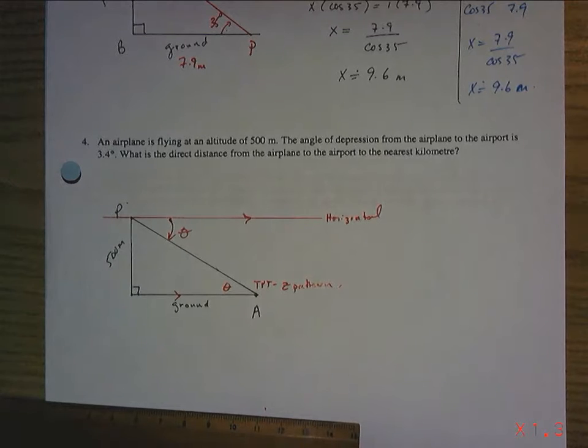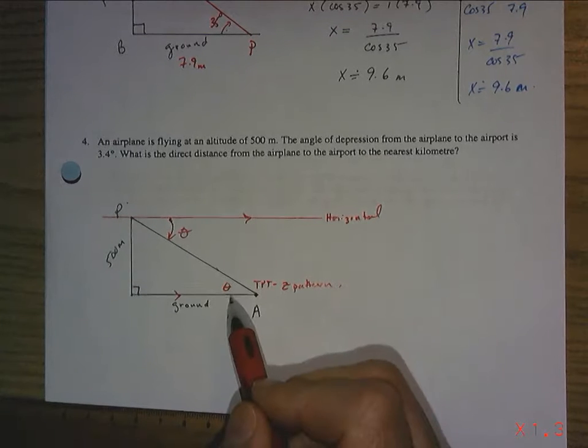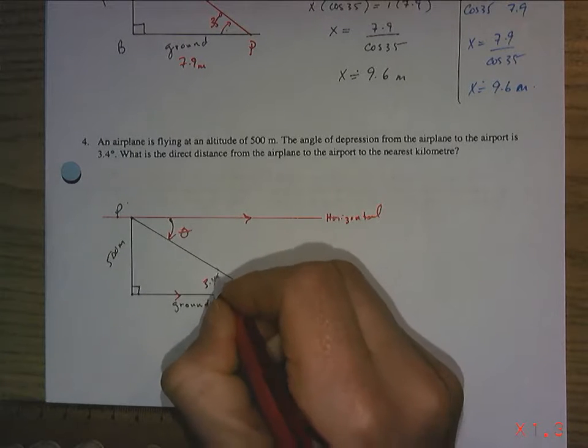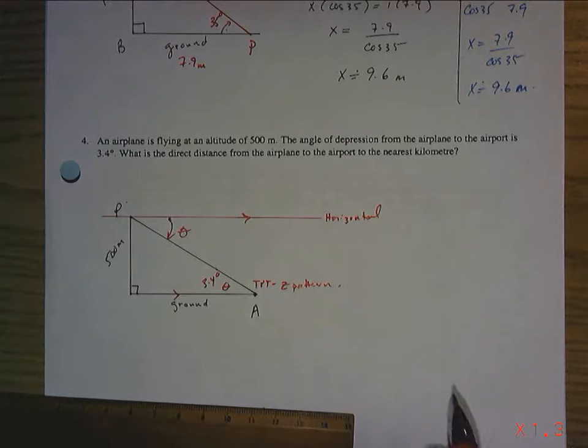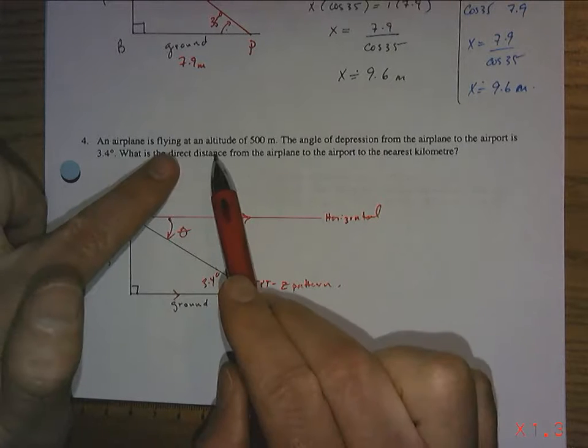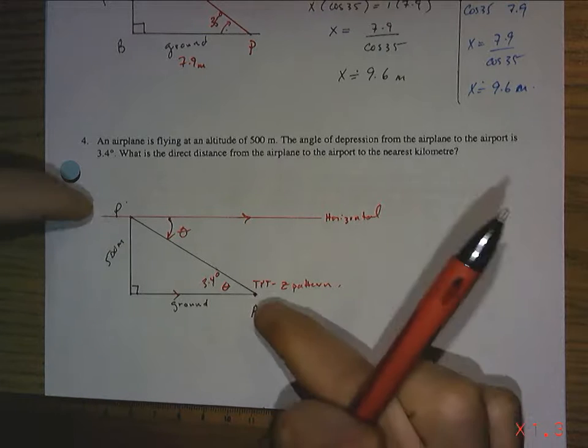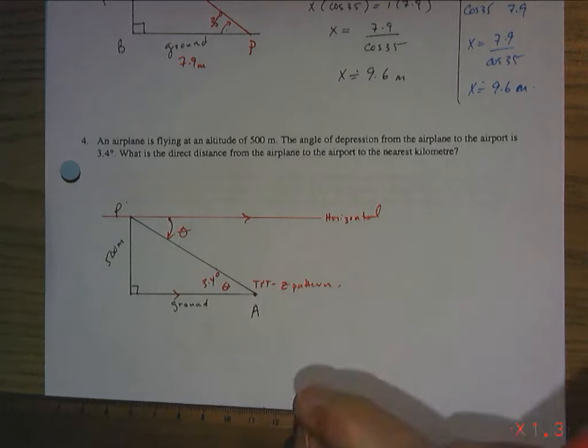Okay, so I've got an angle here. The angle of depression is 3.4 degrees. It's a pretty small angle. And what we're looking for is, what is the direct distance from the airplane to the airport to the nearest kilometer? Now, direct distance, that's an interesting question. The direct distance is the actual distance.